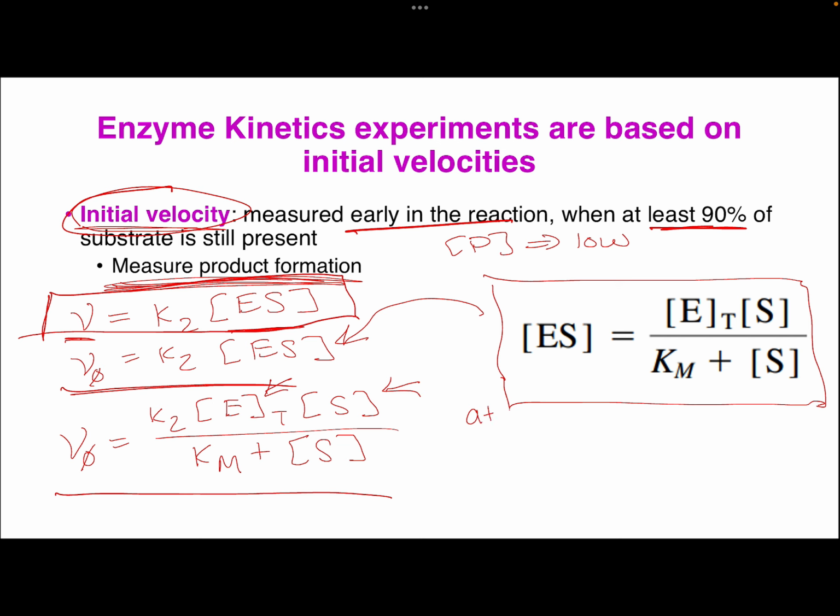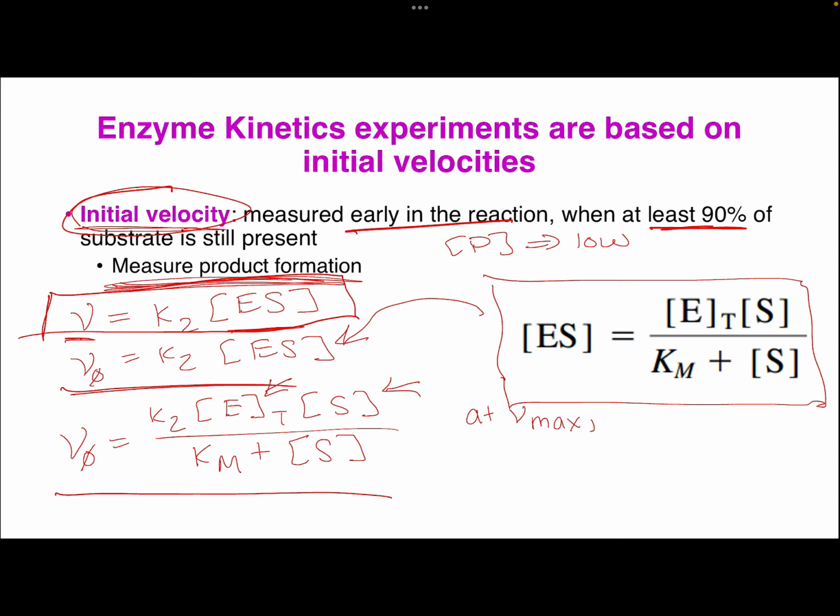So at Vmax, all enzyme is in the enzyme substrate complex. So let's think about this. We can't have more reaction than we have enzyme, right? So it'll never go faster than when all of the enzyme is bound to substrate, because the enzyme is the catalyst that's allowing the reaction to occur in the first place.